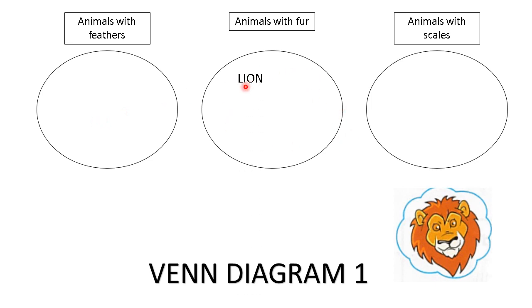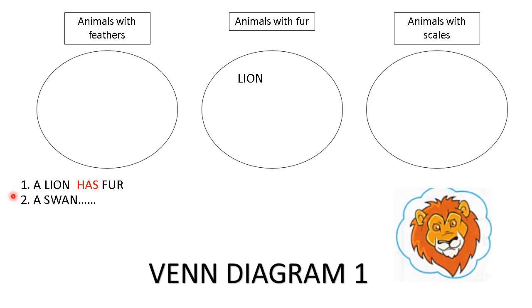Write the name of the animal in the correct group. Then write a sentence like this: a lion has fur. Continue in the same way with the other animals.